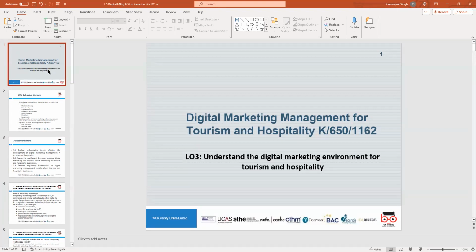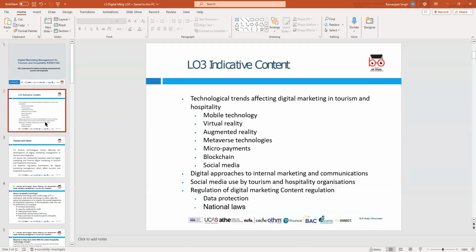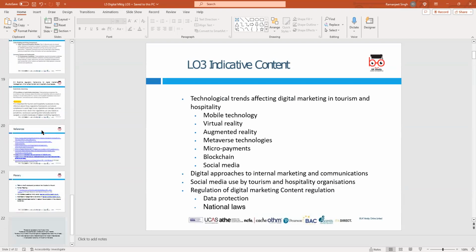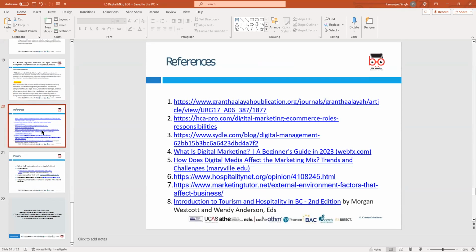So this is very important and very informative, and make sure that these are covered. When you have the time, you can read into these at your leisure. There are some references I have put together, and they'll be on your Moodle.